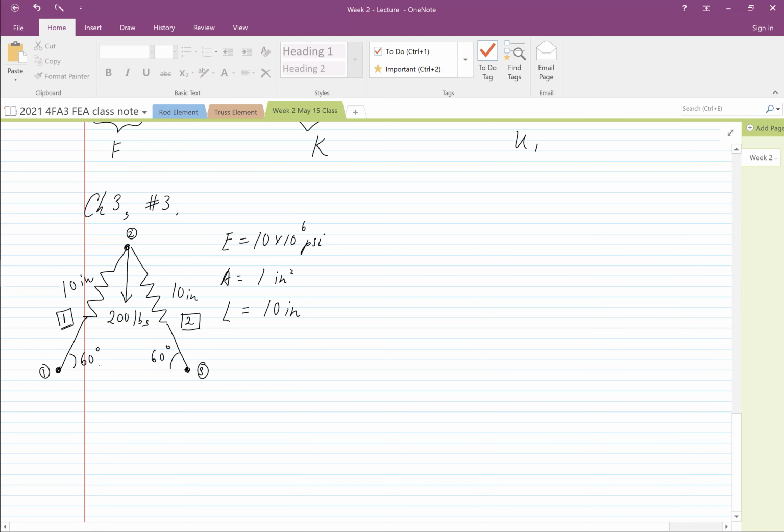And the force is applied on the end of it. 200 pounds applied to the end of it. And we need to define and calculate how much it deflects.